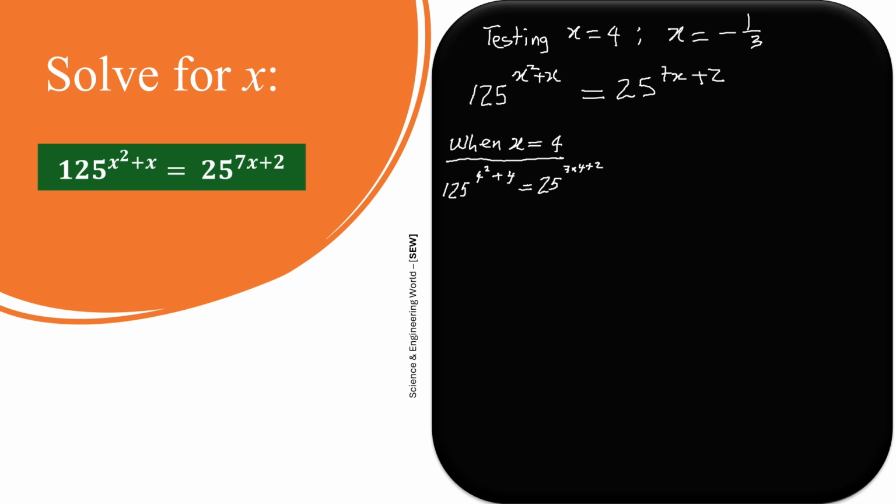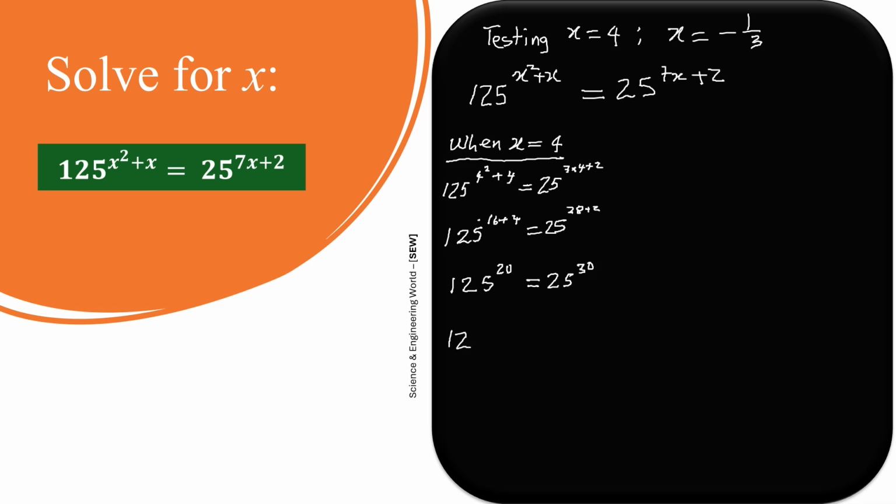And that gives us 125 to the power of 16 plus 4 equal to 25 to the power of 28 plus 2. And we have here 125 to the power of 20 equals 25 to the power of 30.